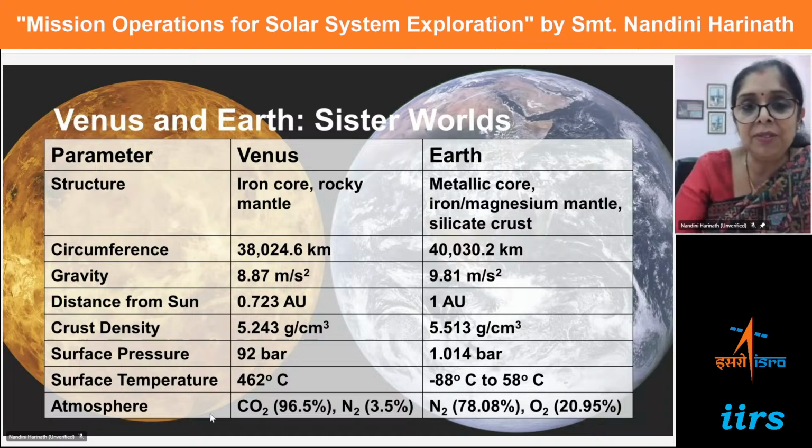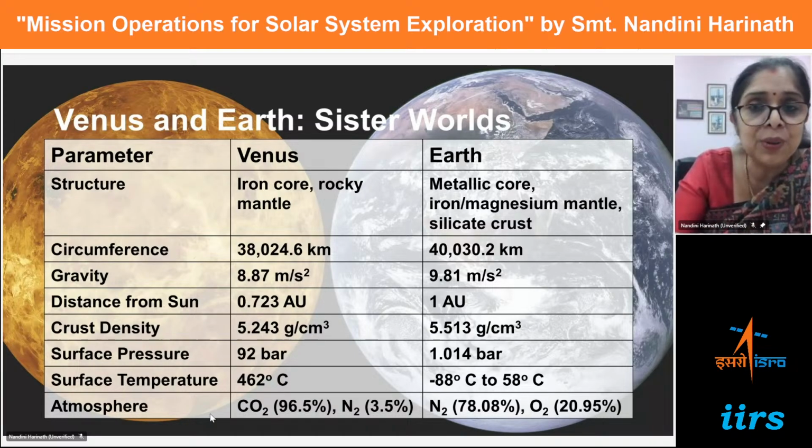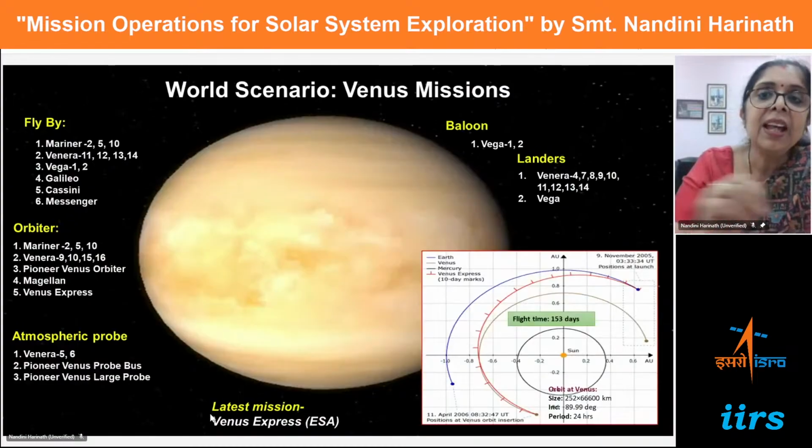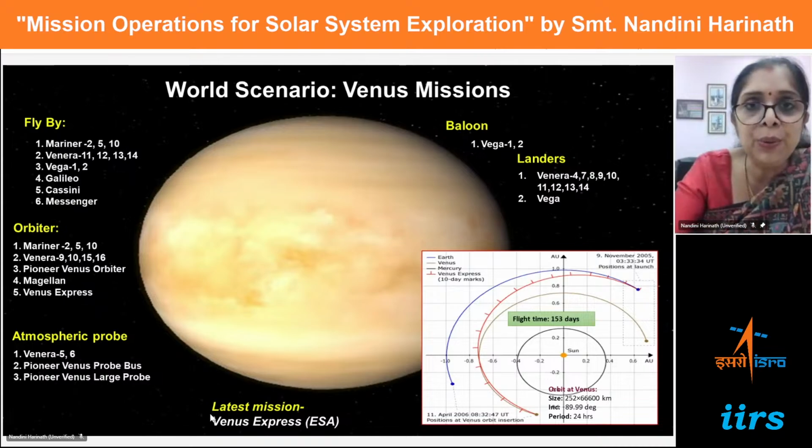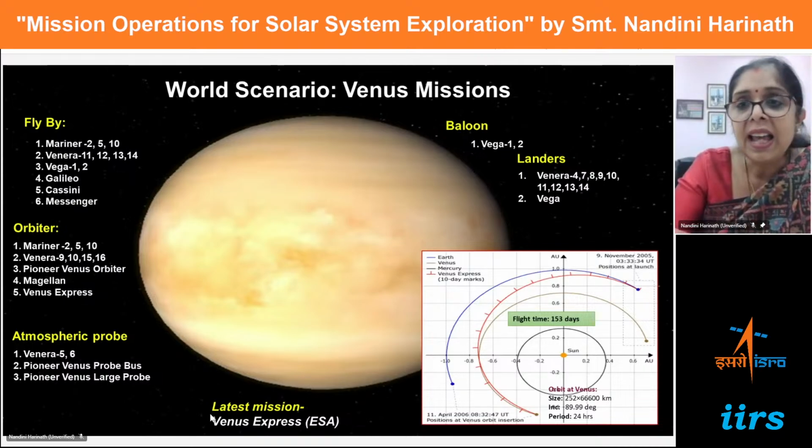These are some of the extremely big challenges that we are going to face when we go to this planet. Many organizations have already tried missions to Venus, and a mission to Venus is also something ISRO will probably look at in the future.